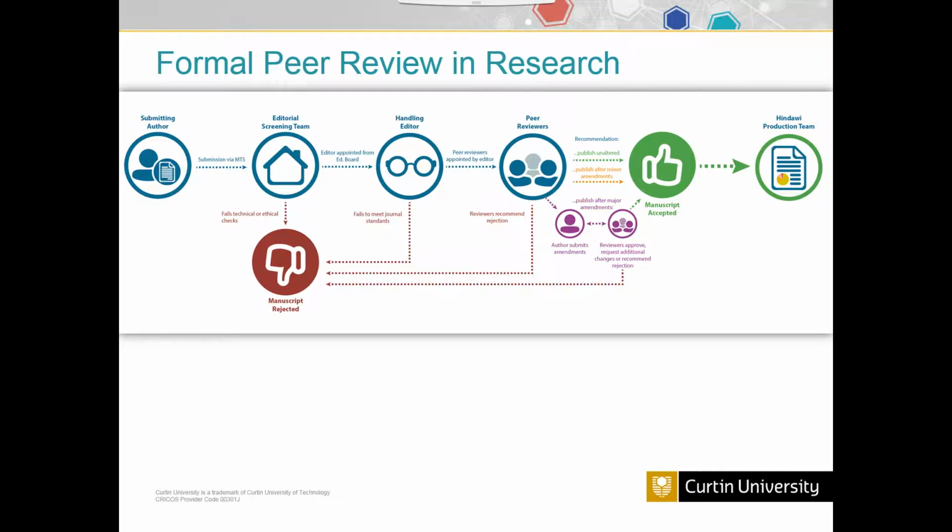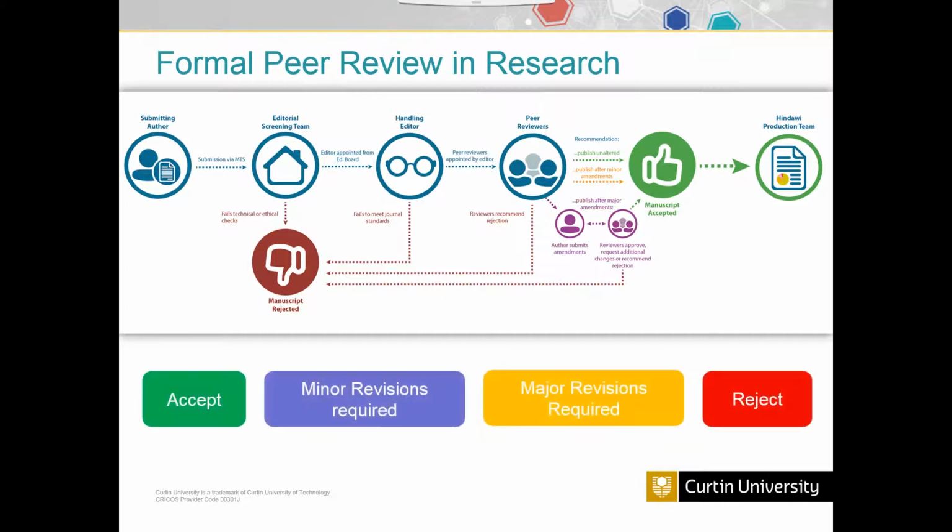This is a blind process in that the authors do not know who the reviewers are and the reviewers act independently of each other. They provide a recommendation to the editor. If the author has done an exceptional job of preparing the manuscript, the paper will be accepted without alteration. More commonly, the reviewers will at least ask the authors to make some minor revisions.